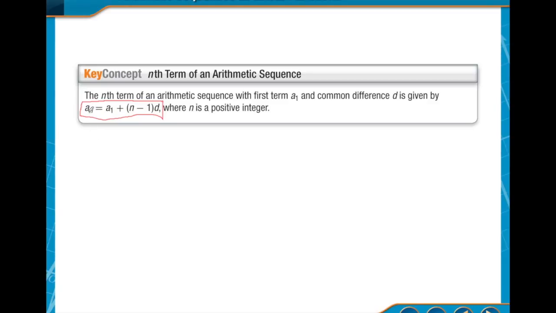N is just whatever term we're looking for. A sub 1 is the first term. N is the number that we're looking for. So if it's the 8th term, n would be 8. And the D is just the common difference, the difference between each term. So given that, we can use this to now solve some problems. And we'll have that formula down as we get started into a few examples.